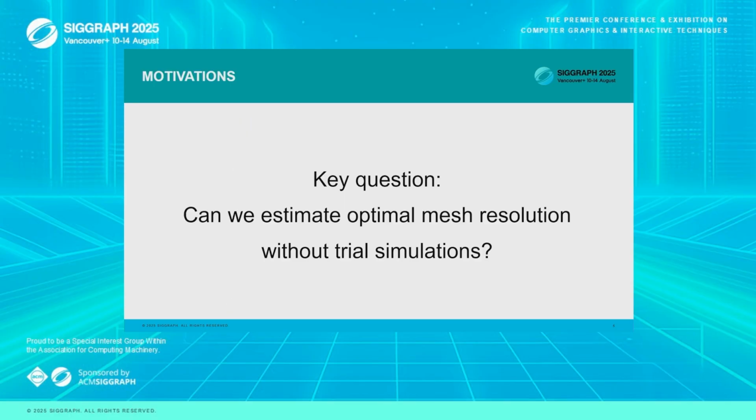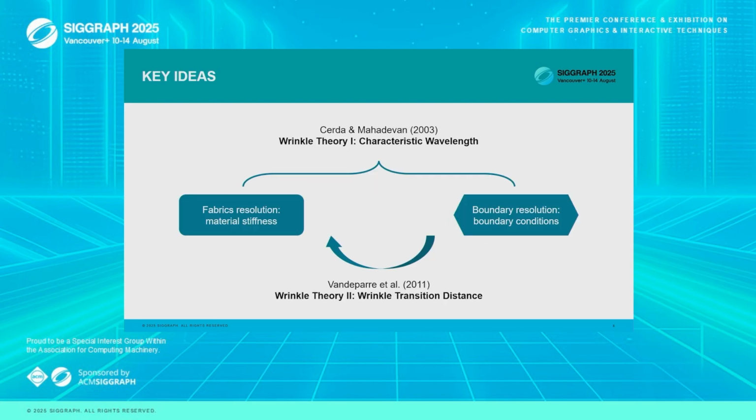Okay, this raises a key question. Can we estimate the optimal mesh resolution for a fabric without having to run trial simulations? Our answer is yes. Our first key idea is to use experimental wrinkle physics to compute optimal mesh resolutions by taking into account both material stiffness and the garment-specific boundary conditions.